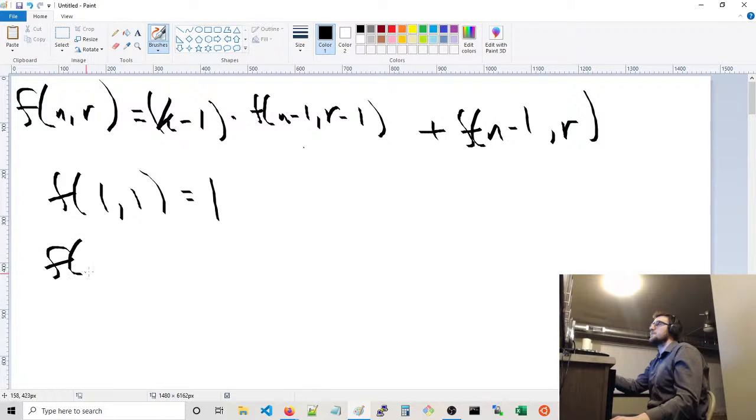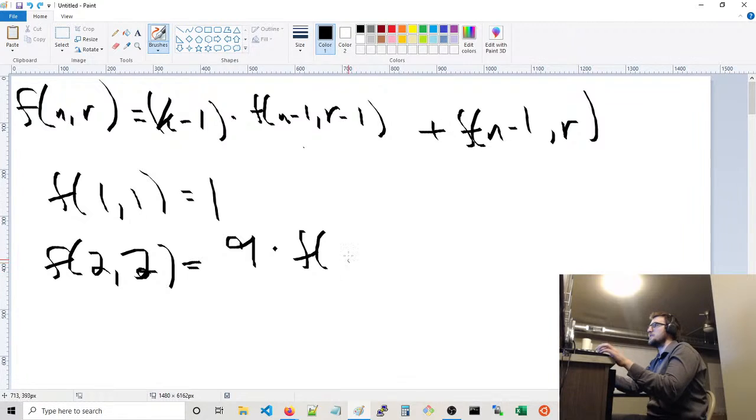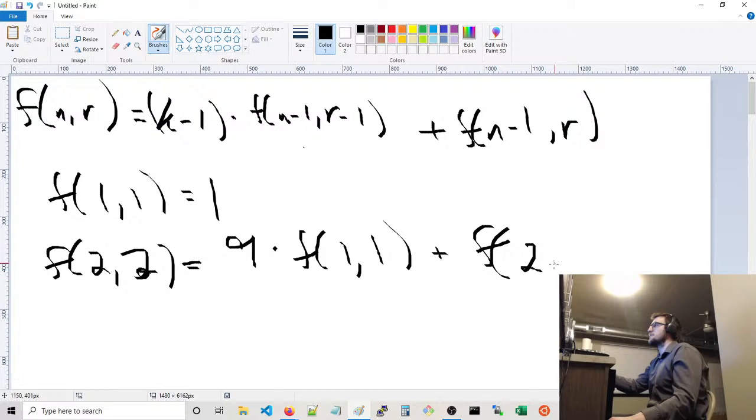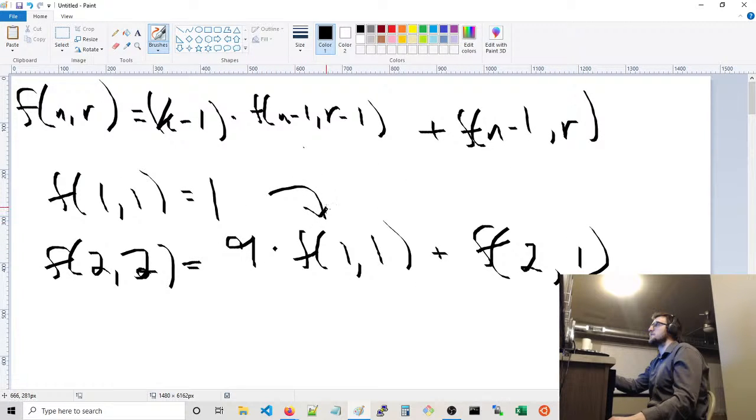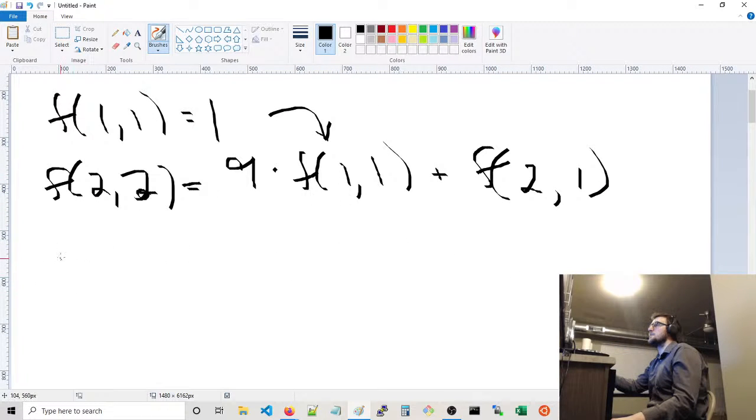So then f of 2, 2 is 9 times f of 1, r minus 1, which is 1, plus f of 2, 2 and r is 1. And so this is 1. But what is f of 2, 1?